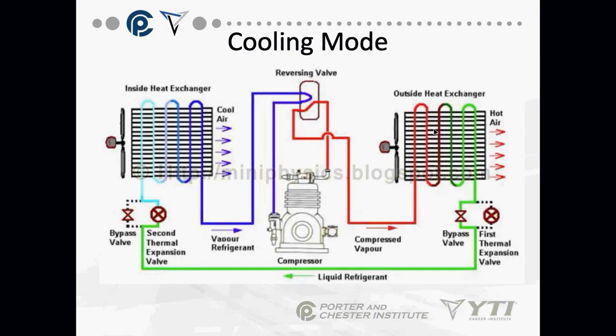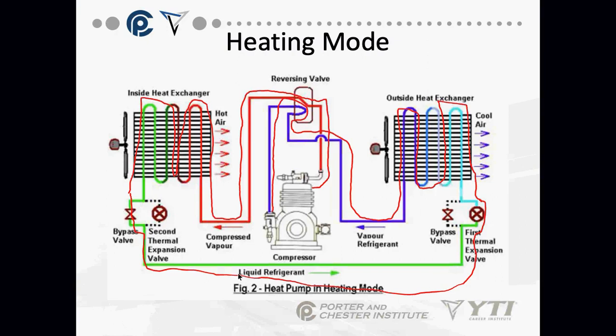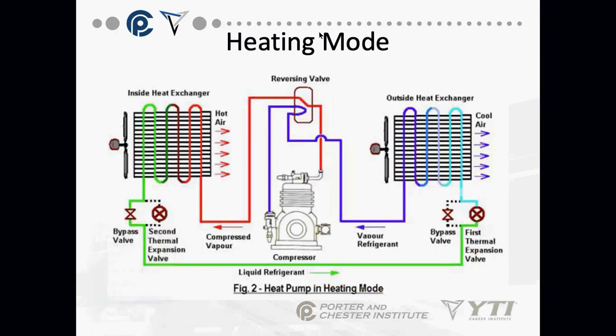In the cooling mode, now look at this reversing valve. In the heating mode, look at how this reversing valve is. I have a direct flow through the reversing valve there, and I have a U on the suction gas there. Watch what happens in the next slide.